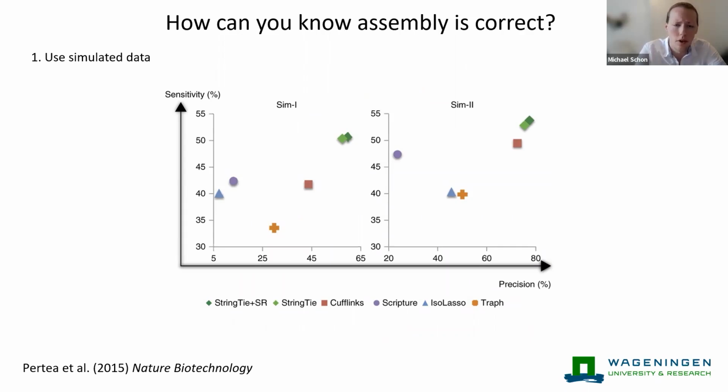The authors of StringTie are showing here a collection of simulated short reads from the reference transcriptome that try to emulate what an RNA sequencing experiment would look like. And from there, they have a ground truth. They know what was simulated, and they can see how well the algorithms reconstructed it.